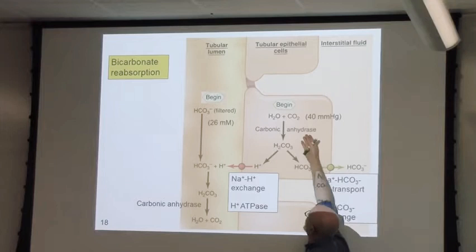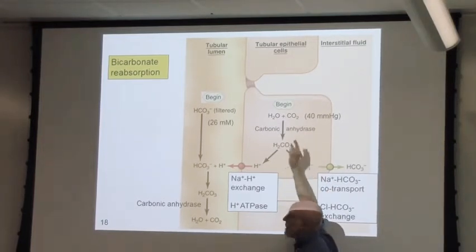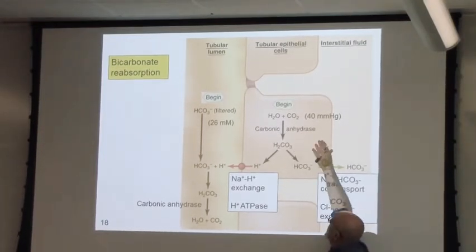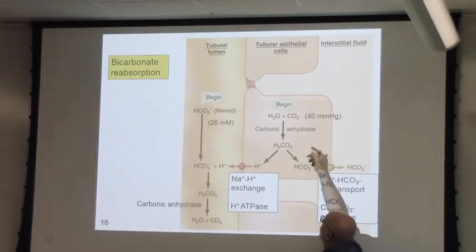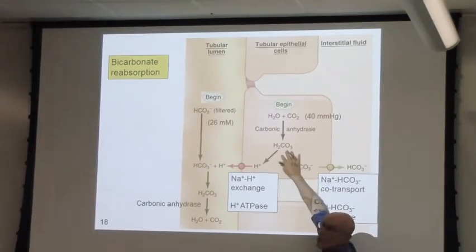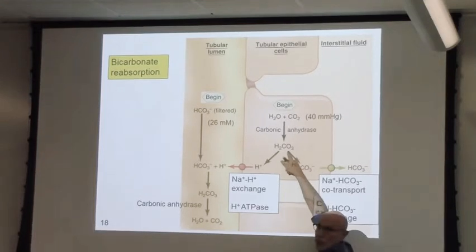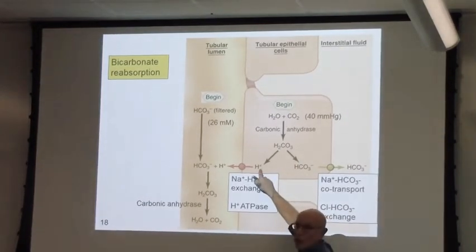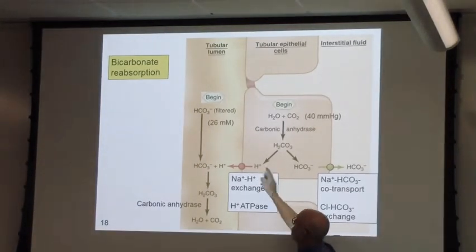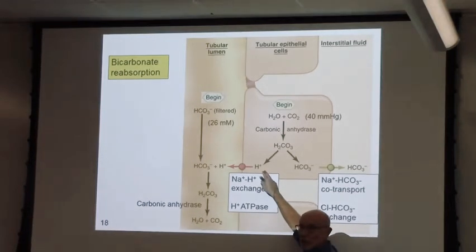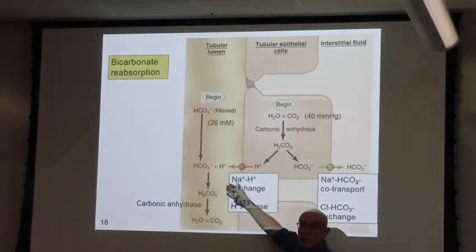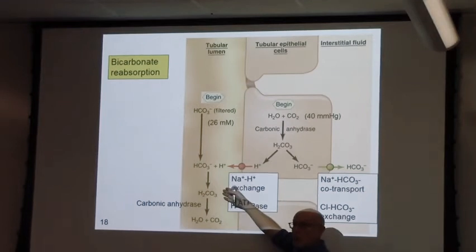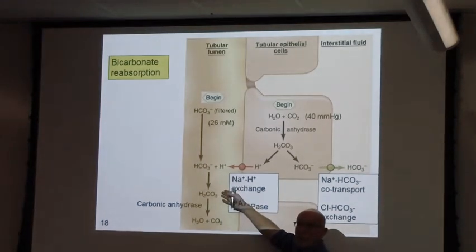Okay, what happens if we decrease this carbonic anhydrase by a drug? Well, we decrease the production of carbonic acid here. We decrease the production of acid here. So we decrease sodium proton exchange here. So less sodium is reabsorbed. So more sodium is in the luminal fluid and could get excreted.